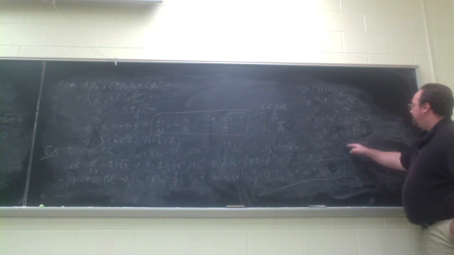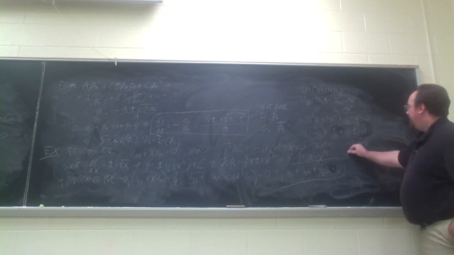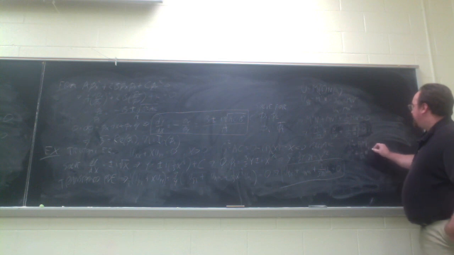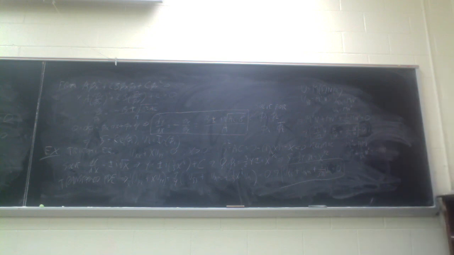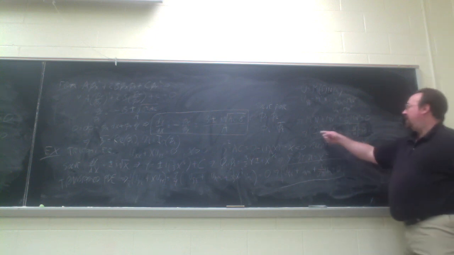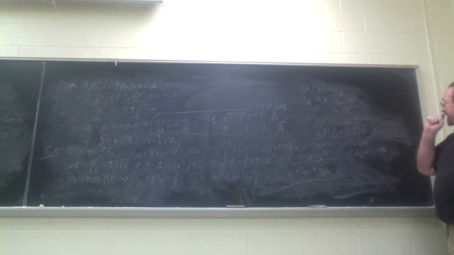And for this whole thing to be 0, that means that N double prime plus 1 over 3 eta N prime must be equal to minus lambda N, for both of these to be satisfied simultaneously. So this is equal to a certain constant, and this is equal to minus that same constant.